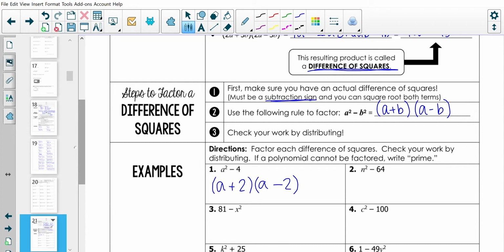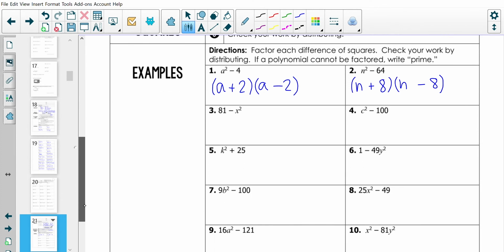Okay. Number 2, can I find the square root of both of them? And is it a subtraction? Yes, to both of those. 8 is the square root of 64, plus 8 minus 8 every time.